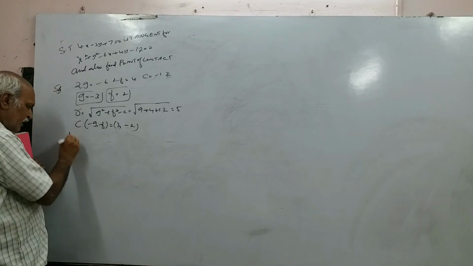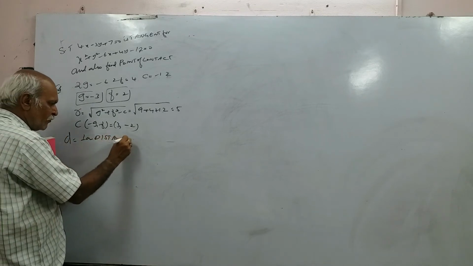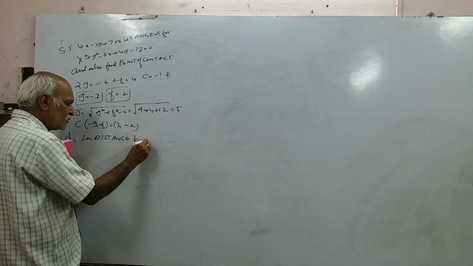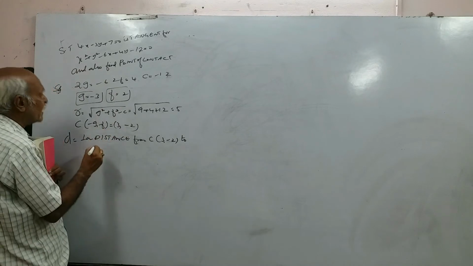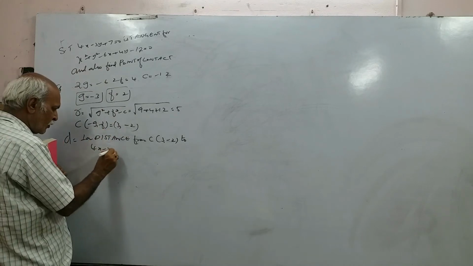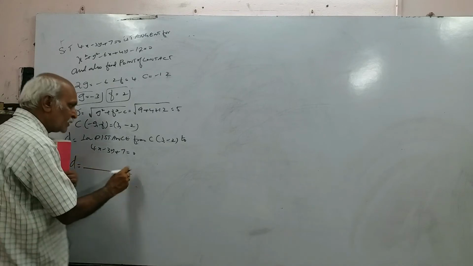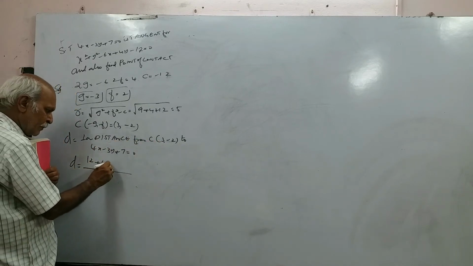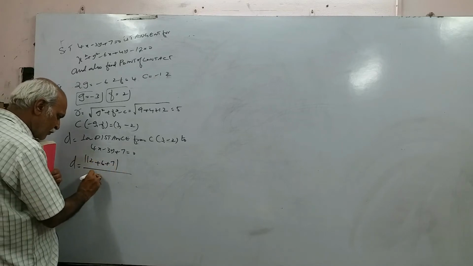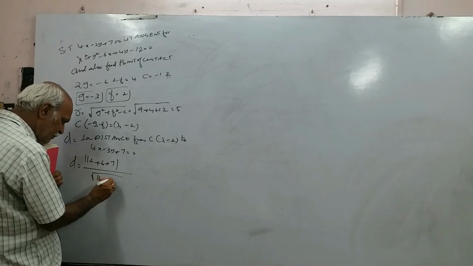Now d is the perpendicular distance from center 3 comma minus 2 to the line. What is the line? 4x minus 3y plus 7 is equal to 0. So I will find the perpendicular. Okay, replace x with 3, sir. 12 plus 6 plus 7 modulus by root of x coefficient is 3, 4, sir. 16 plus 9.